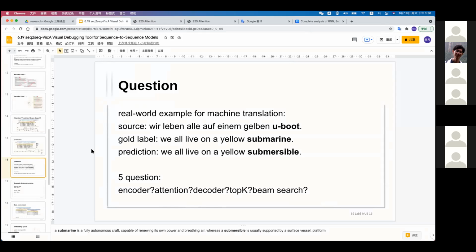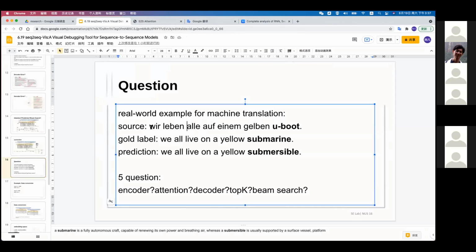Okay, here is some question. So there's another example here. The German is like here, and the gold label is we all live on a yellow submarine. However, the prediction is we all live in a submersible, and there is some mistake on the word.